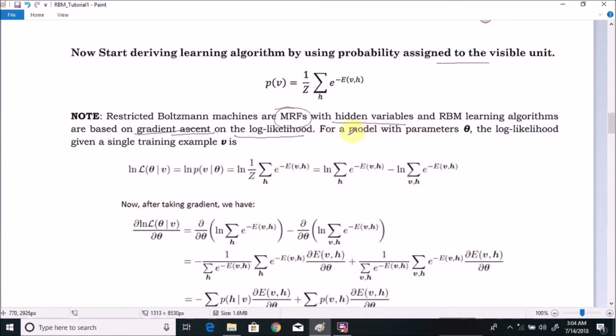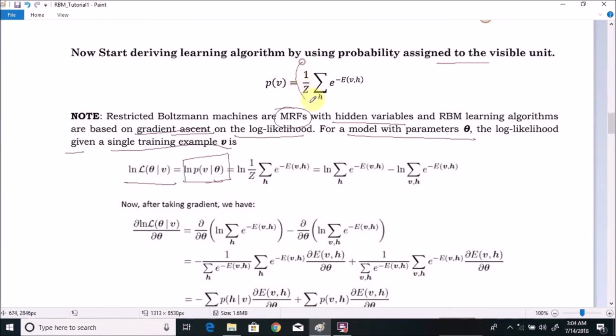So we take a model with parameter theta. The log likelihood for a given single training example V can be written in a slightly different format like that.